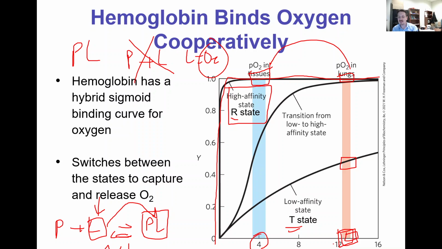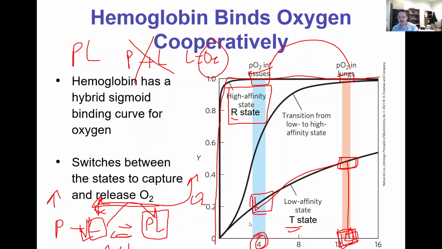And so what you see is that at the higher concentration, you do get an amount of protein ligand complex. If you decrease the concentration, such as you see in the tissues, where there's not as much oxygen because you're using it, the concentration of ligand is lower, that's going to push it to break up and move over to the left, releasing that ligand as O2.